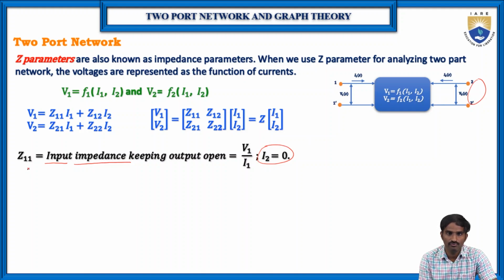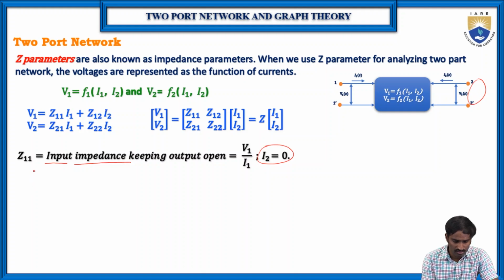So if you want to find Z11, you should make I2 equal to 0, meaning the port 2 terminals should be open circuit. Then only we can find Z11, the input impedance, equal to V1 by I1.